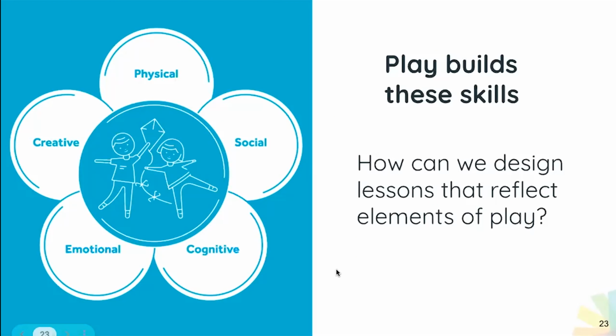Okay. So play builds on all of these skills. So how do we design a lesson that's going to reflect all of these elements, or at least some of these elements, into play and social emotional learning and learning? So we at BSD make sure that there's ways for students to play.